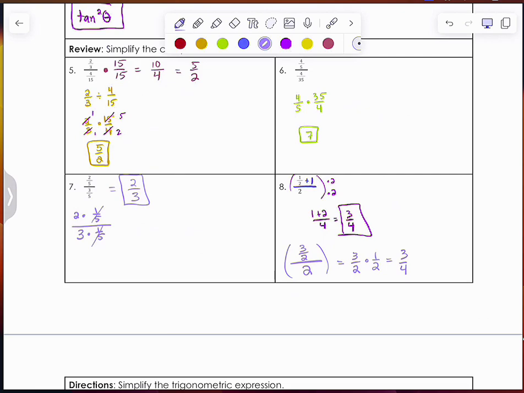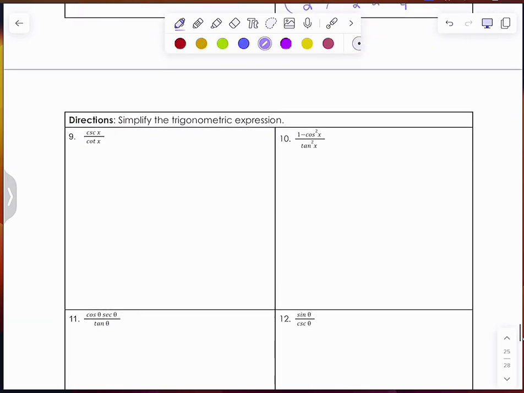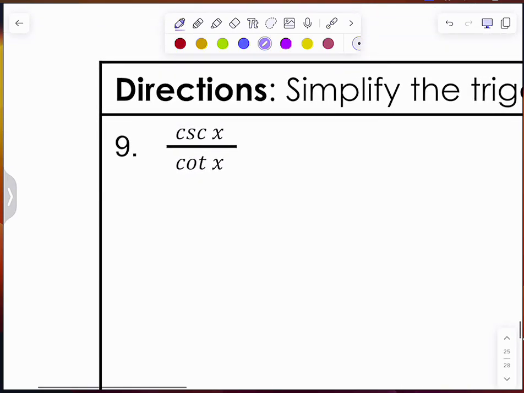Okay, so get ready. Now we're doing it with sine and cosine. Here we go. We have cosecant divided by cotangent. Our number one strategy is to rewrite everything as sine and cosine. So I am going to take cosecant and write it as 1 over sine, big division.